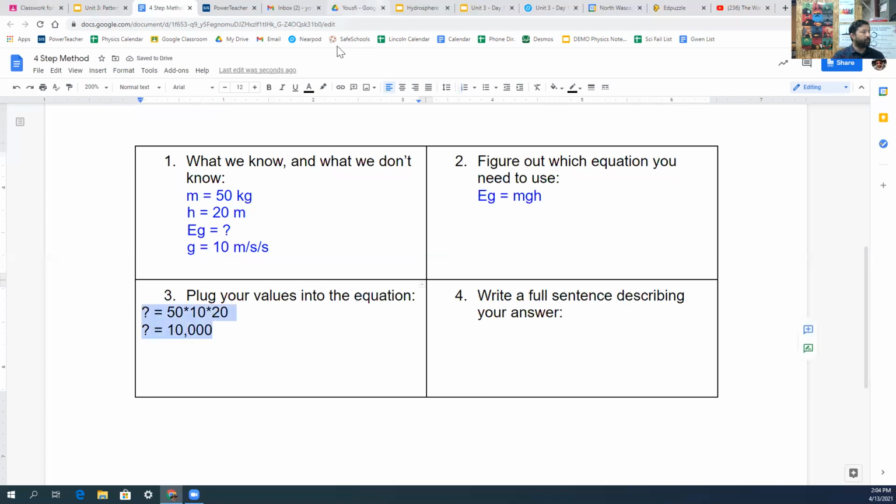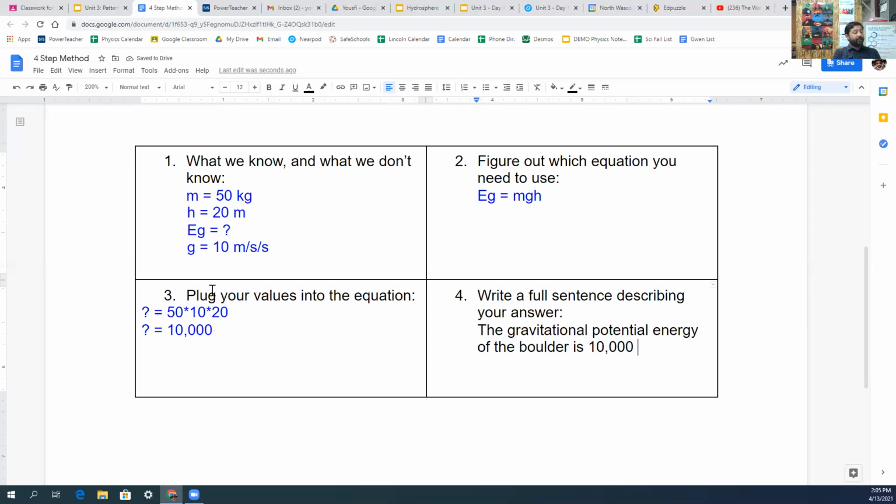Let me just do this in blue. There you go. And so the answer for this one, since I got 10,000 over here for my gravitational energy, I would write in a full sentence, the gravitational potential energy of the boulder is 10,000, and it's really important that you remember your units.